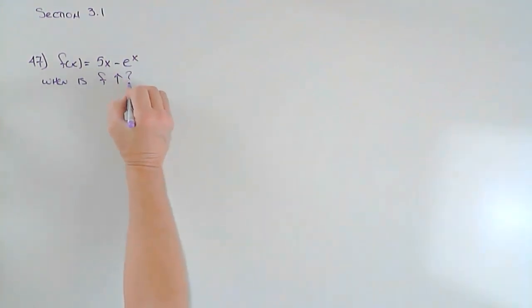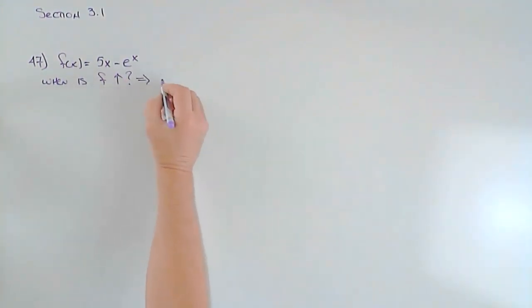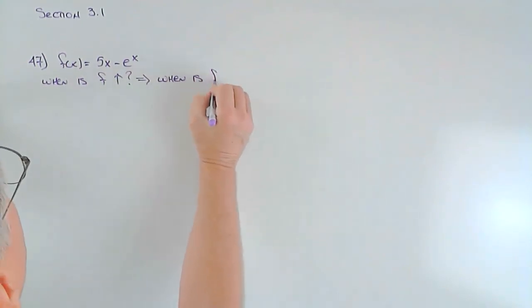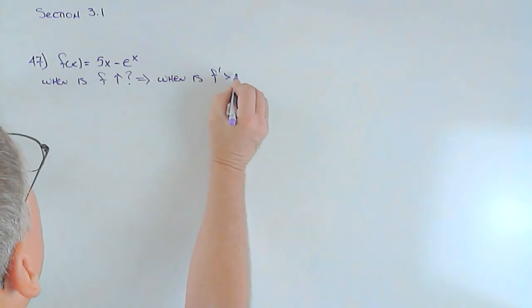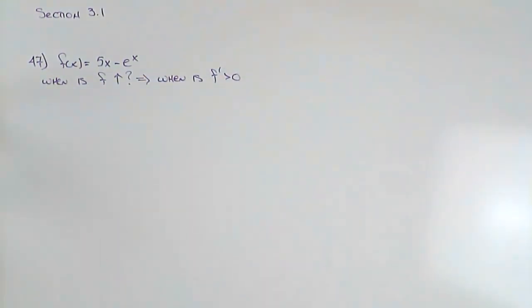But we know what that means. That means when is f prime greater than 0. Functions are increasing when their derivatives are greater than 0. So our job is to figure out when the derivative is greater than 0. We have to translate the problem into our language.